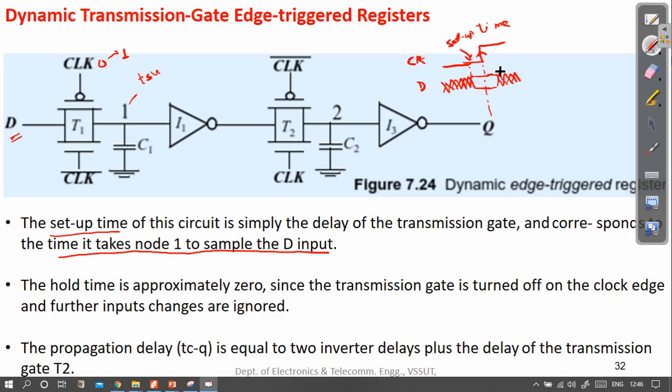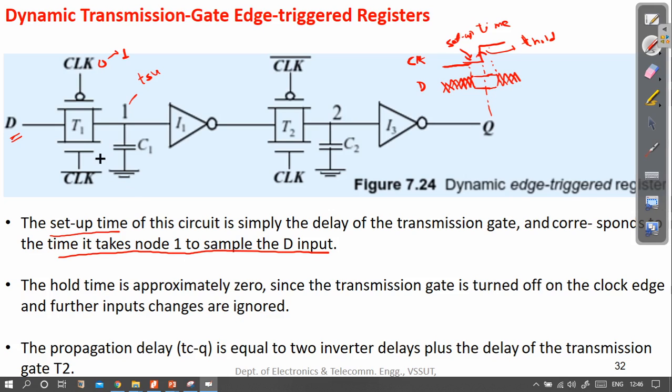This constraint was given by the hold time, and the hold time is approximately 0 here, since the transmission gate is turned off on the clock edge and further input changes are ignored.